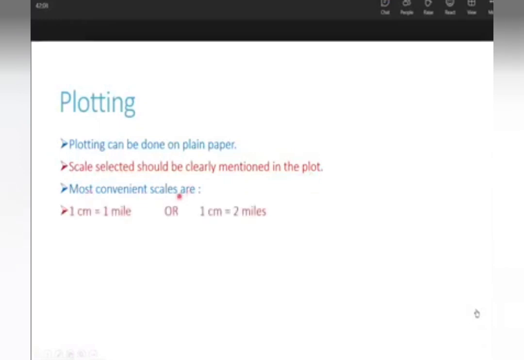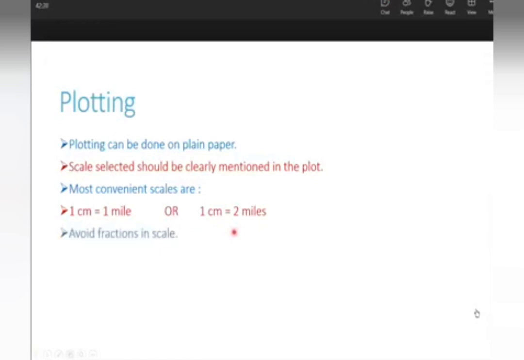Most convenient scales to use are 1 centimeter is equal to 1 mile, or if the diagram is not fitting on our answer sheet, the plot is big, then it can be made smaller by taking a scale of 1 centimeter is equal to 2 nautical miles. Most of the questions you will be able to solve using these two scales.